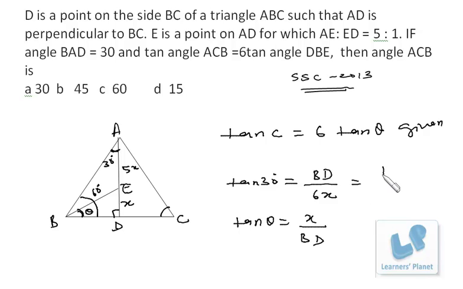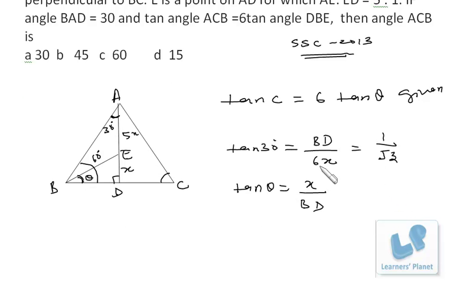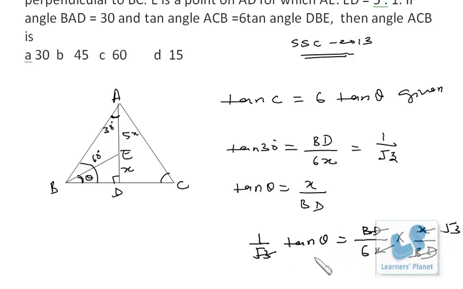Now tan 30 degrees is 1 upon root 3. Now what I do, I multiply both of them. So tan 30 degrees into tan theta, that is 1 upon root 3 into tan theta is equal to BD by 6x into x by BD, right? So tan theta is nothing but root 3 by 6, right?